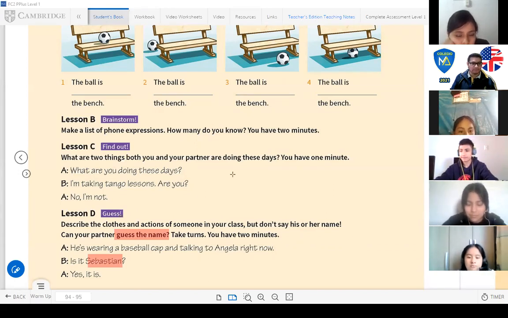Yeah. Now, another student. She's wearing a pink, black, and white hood. She's wearing a pink, black, and white hood.